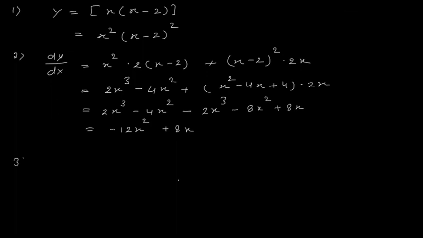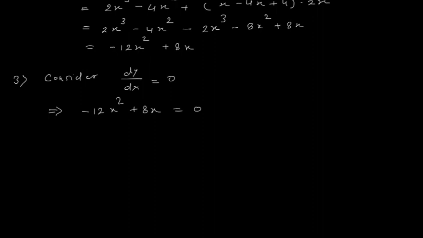And third step, what we do? In the third step we consider dy upon dx equal to 0. This gives us minus 12x square plus 8x equal to 0. 4x I can take common, or minus 4x, whatever you want. So 4x I am taking common, so 4 threes are 12, so you get minus 3x plus 2, 4 twos are 8, equals 0.